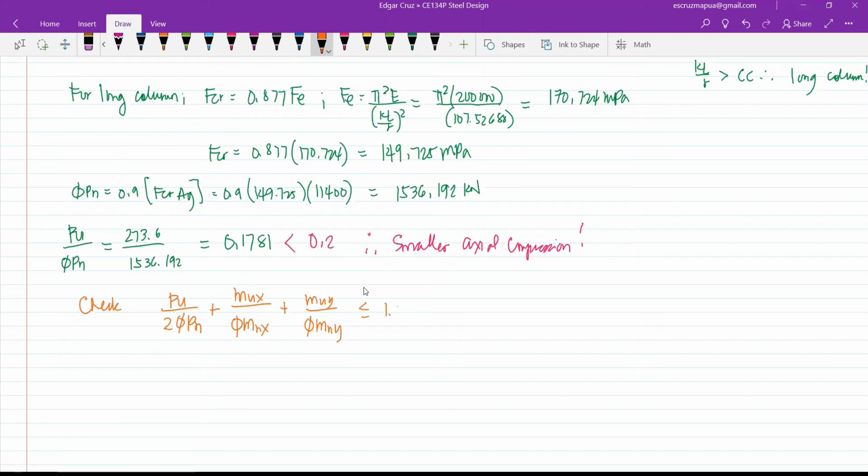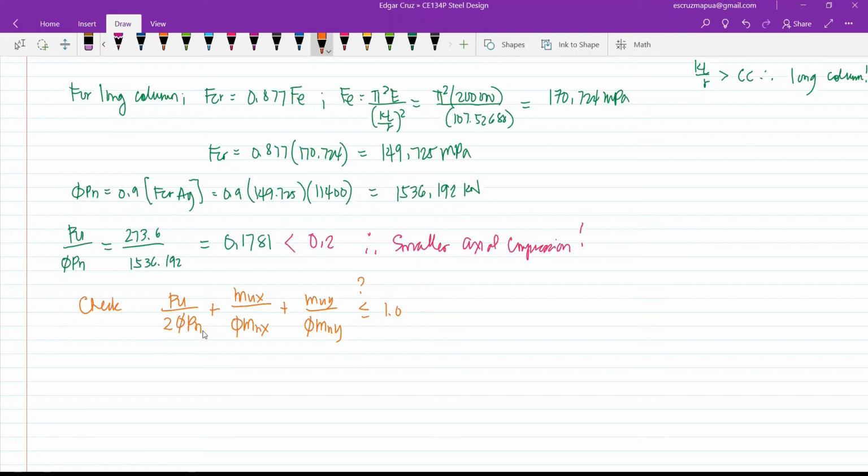So let us check the adequacy by checking this interaction equation. Again, smaller axial, maliit ang axial, kaya 1/2 lang yung axial. Pagka larger axial, anong gagawin doon? Pagka larger axial, ibig sabihin malaki yung axial, maliit naman yung moment. So maliit yung moment, ang gagamitin mo doon yung 8/9 na interaction equation. Okay, so how do we check this interaction equation?